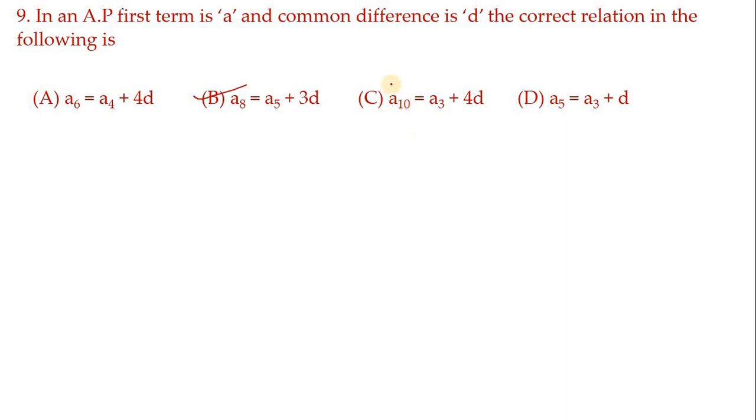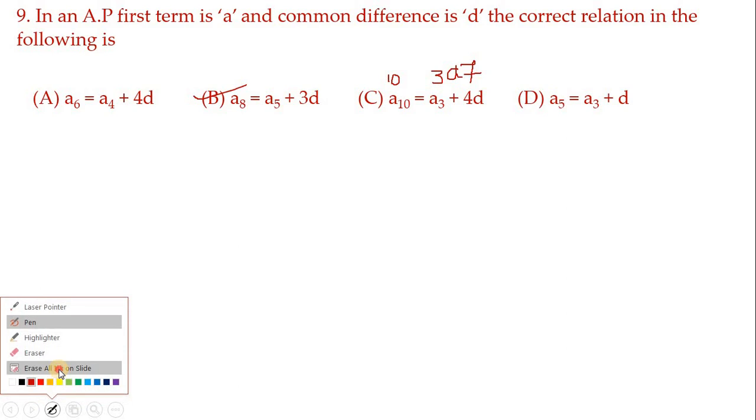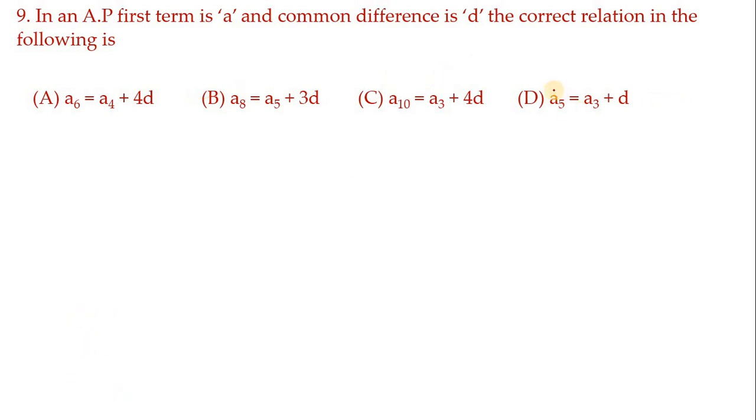Now here option C, A10, is there. So here the 3rd term is given. So 4 times D added to the 3rd term means you will get the 7th term, A7. Next, let us move on to D. So here the 5th term is there.